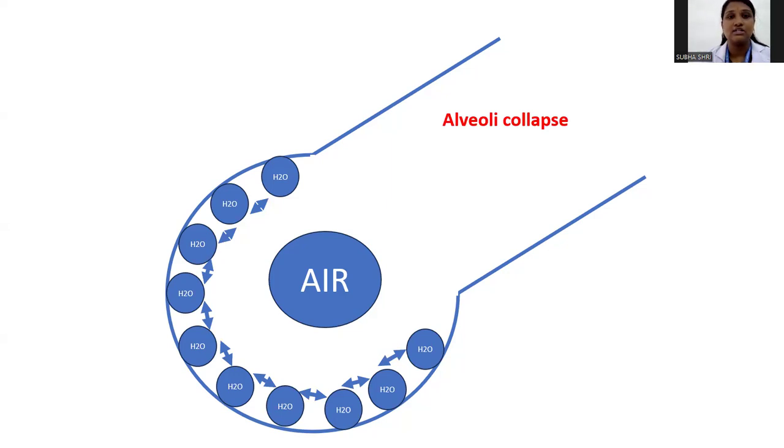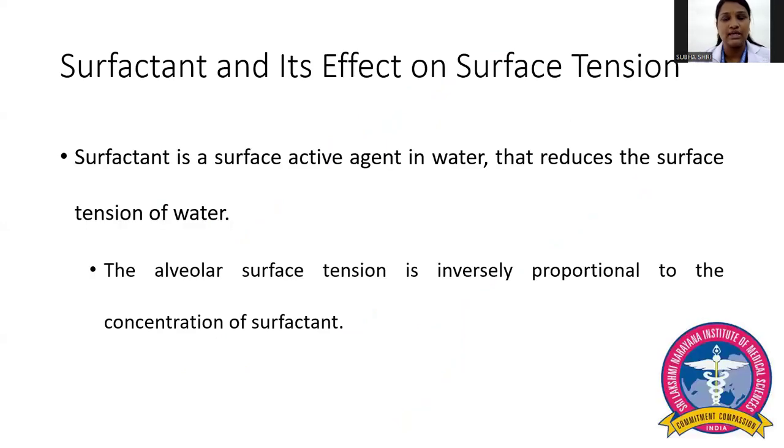But this does not happen in our lungs normally because of the presence of surfactant. So what is a surfactant here? Surfactant is a surface active agent in water, which will try to reduce the surface tension.